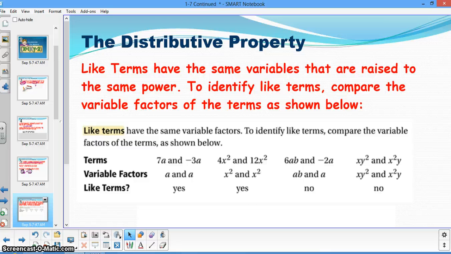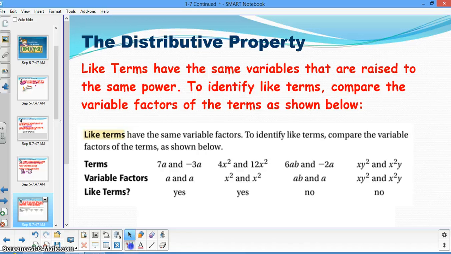One has a b, while the 2 does not. The last one, xy squared and x squared y, are again not like terms. They both have exponents too, but look at the location. Here it's with the x, and here the exponent's with the y. Therefore, they are not like terms.